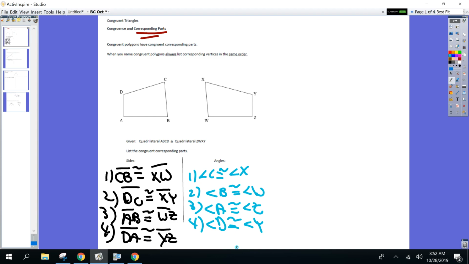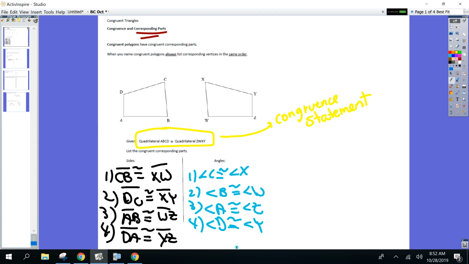I looked at that right there, which is called a congruent statement. You're going to have to write your own by the end of class today, a congruent statement.